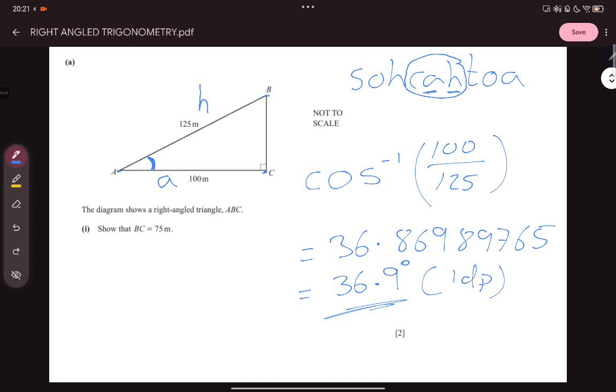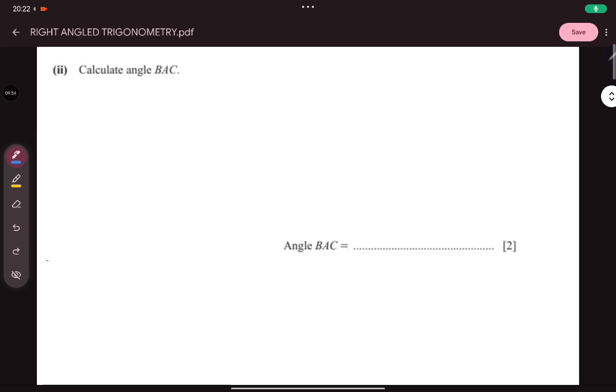Always go back and read the question and make sure that they haven't asked you to round it in a particular way, because sometimes the rounding is actually part of your answer. So in this question, they just say calculate angle BAC. And I'm rounding it to 1 decimal place. If you're doing a Cambridge exam, they do tell you that on the front. And also, if you write down your full calculator answer and then round it to 1 decimal place, that's a sensible degree of rounding.